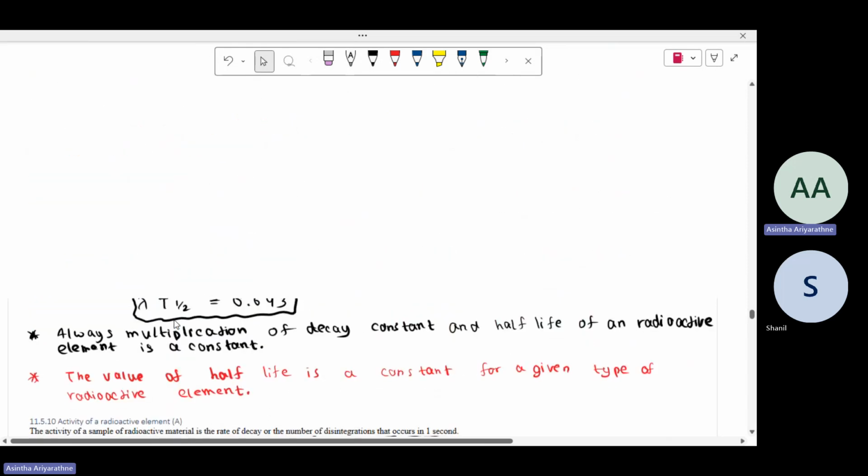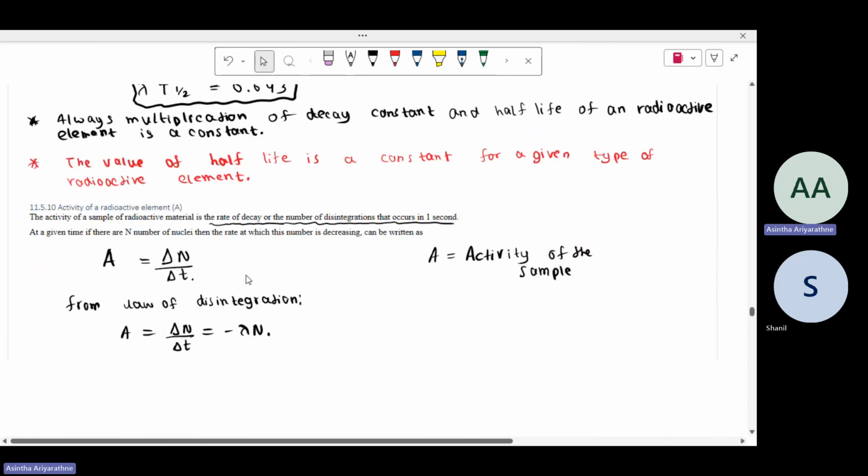But what you have to remember here are the laws, that is, the expressions. First you have to remember the disintegration law: delta n over delta t is equal to minus lambda n. And n is equal to n naught e to the power minus lambda t. And finally, lambda times t half is equal to 0.693, or ln 2.